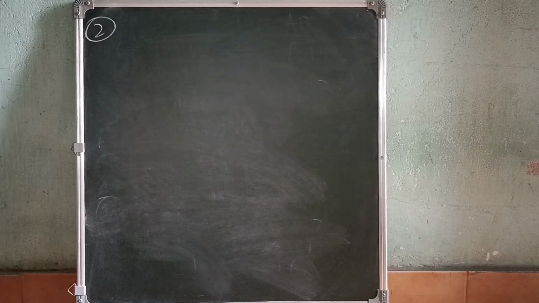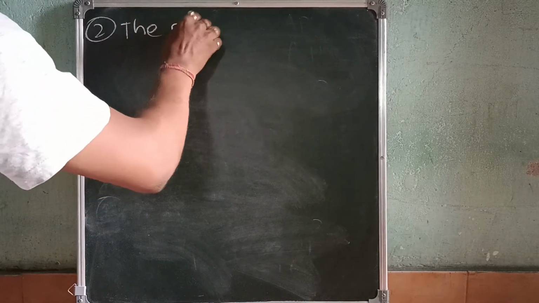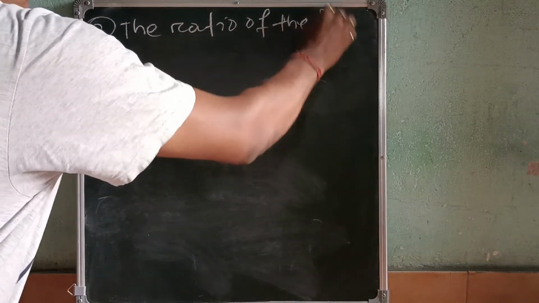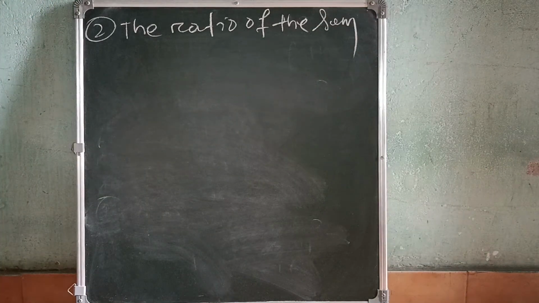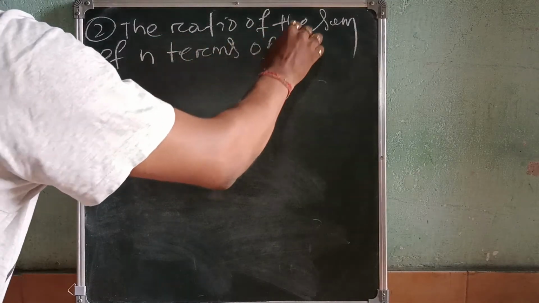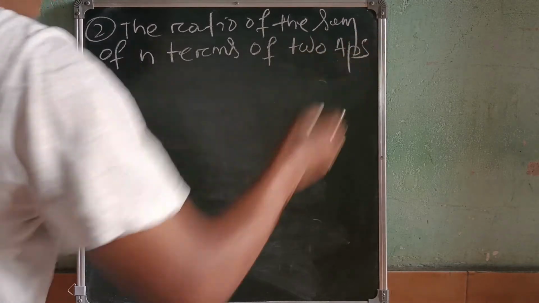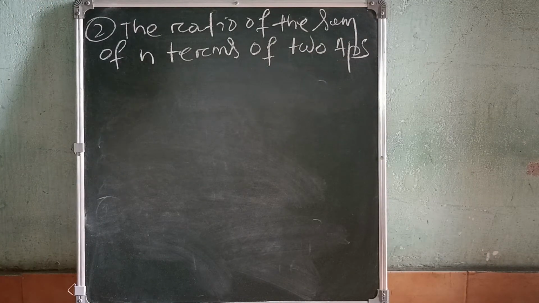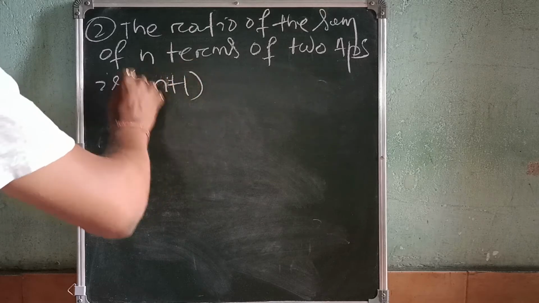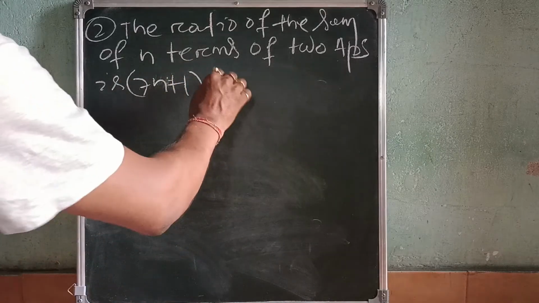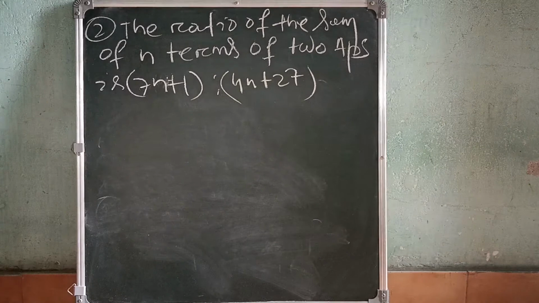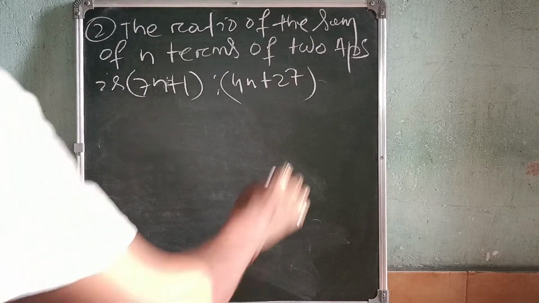The ratio of the sum of n terms of 2 APs is given. One AP is 7n + 1 and the other AP is 4n + 27. Okay, the ratio of the two APs is given, find the ratio of their 18th terms.